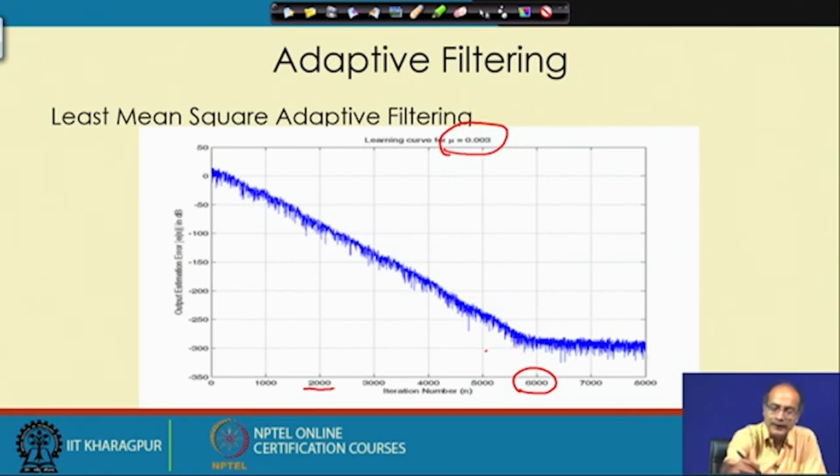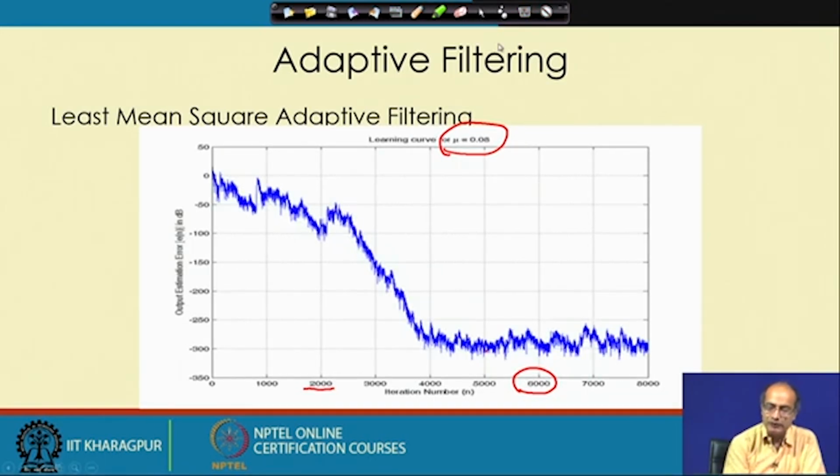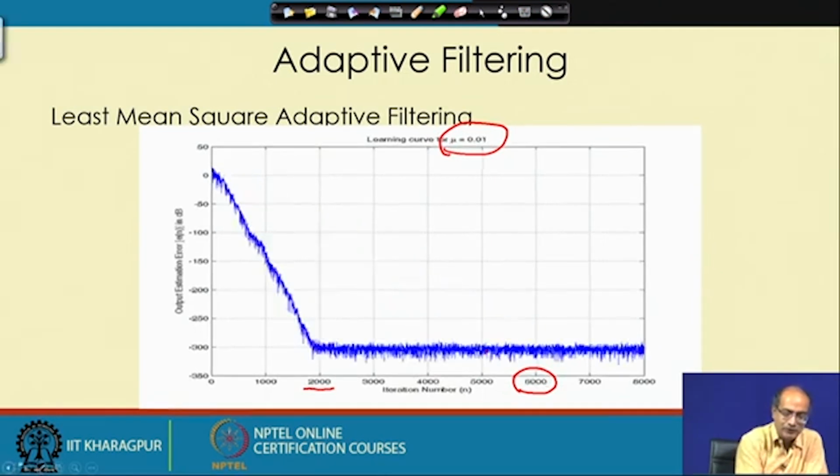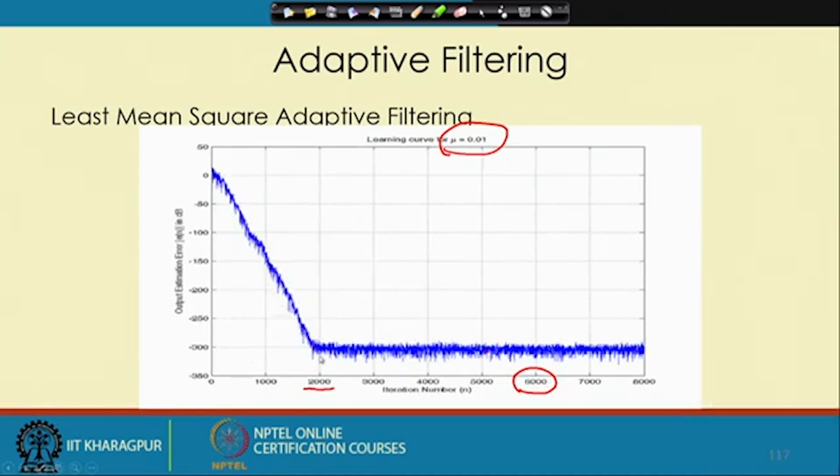Now, let us look at the other scenario. If we try to reduce the weight vector lag and increase the value from 0.01 to 0.08, what is happening? In the previous two examples it was directly going towards the convergence, the trajectory was smooth.